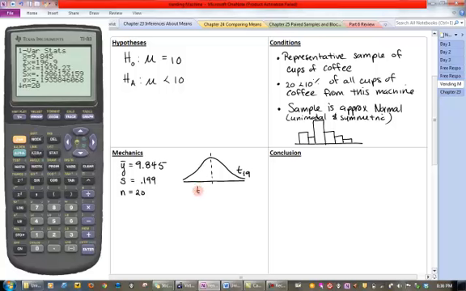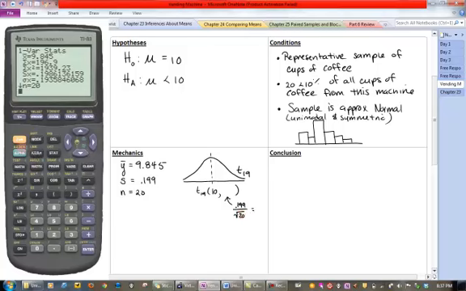All right, so t, 19, centered. We assumed that we were centered at 10. And we have to calculate our standard error in this case, and our standard error is going to be s over, well, why don't we just replace it and call it 0.199 divided by the square root of 20.